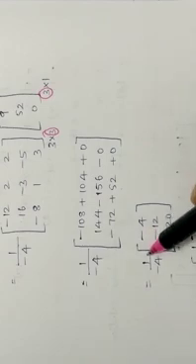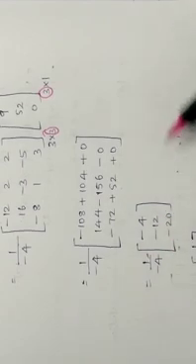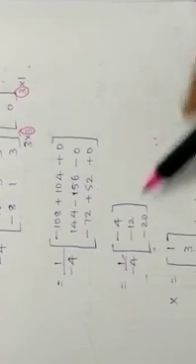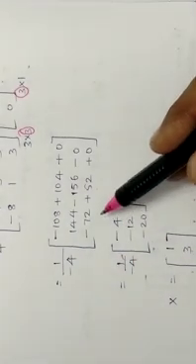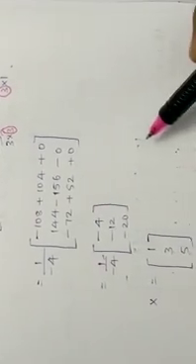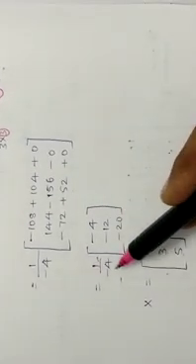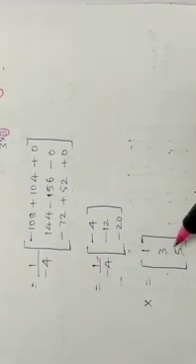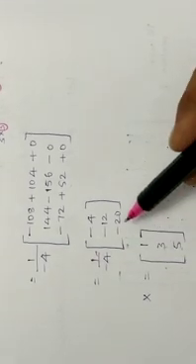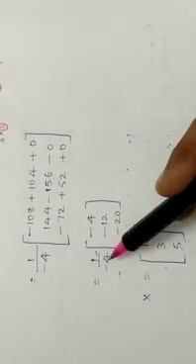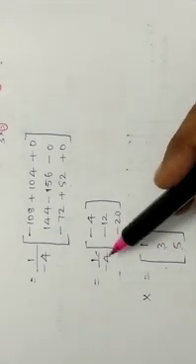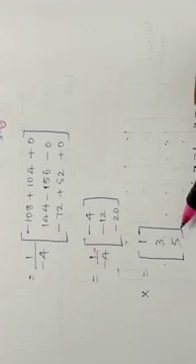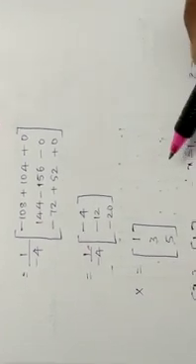Now, multiply 1 by minus 4 inside. Minus gets cancelled, 4 fours cancel one time. Minus 12 by minus 4 gives 3. Minus 20 by minus 4, minus cancel, 20 by 4 is 5. What is X?